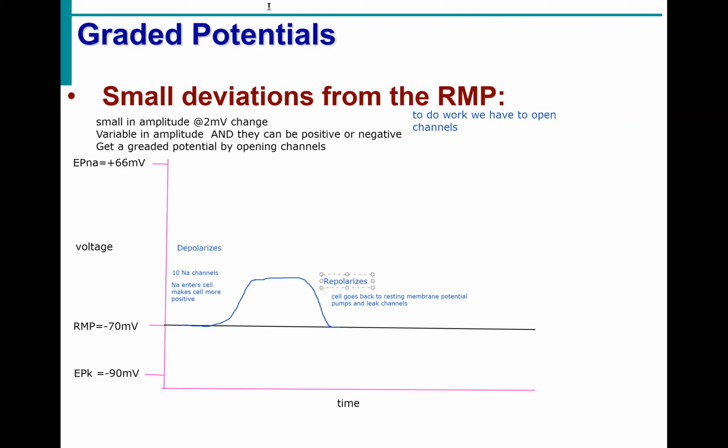But what can also happen instead is we could open 10 potassium channels. And if we open 10 potassium channels, what's going to happen then?